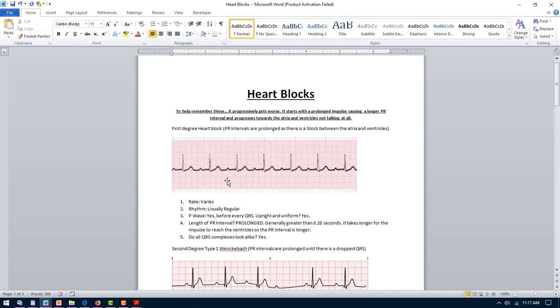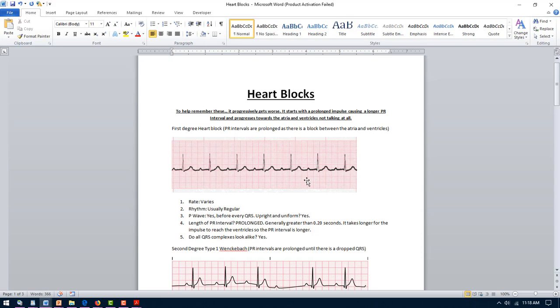Greater than 0.2 seconds. So when the SA node fires, and it goes to the AV node, and then down to the ventricles, it's blocked somewhere along the way, so it takes longer for the ventricles to contract as compared to the atria.